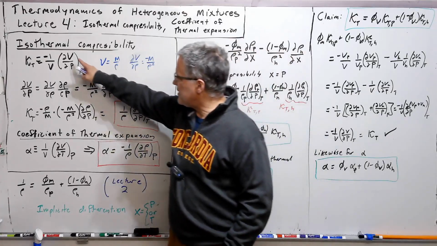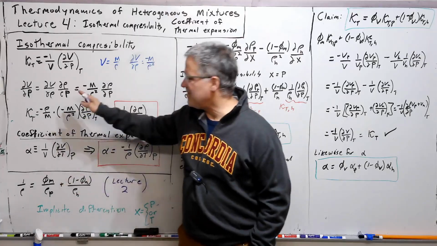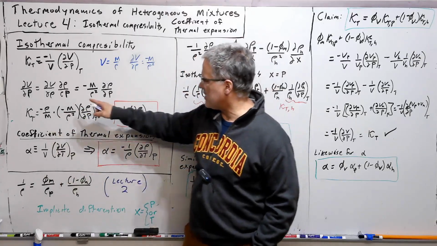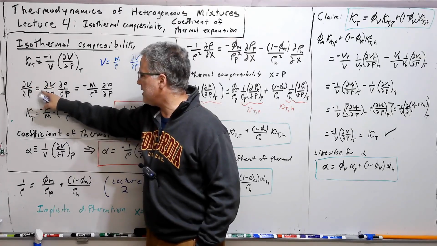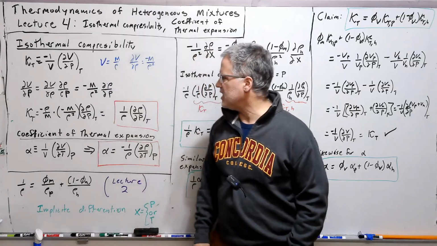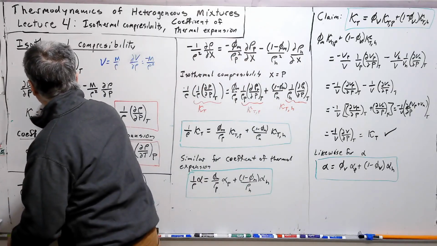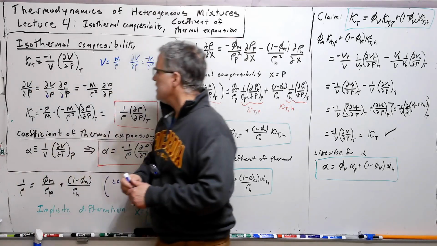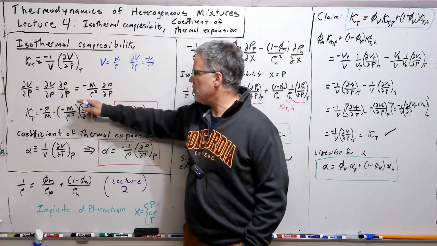So let's look at this derivative, dV dP, and my P's and my rho's here get kind of close, look similar. So dV dP equals dV d rho times d rho dP. Let me make this a little more clear. This is just the chain rule.